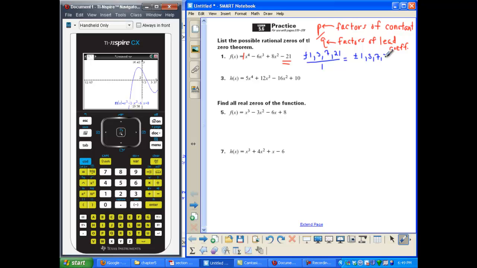Now, what that means is if this polynomial graph crosses the x-axis at any rational locations, that is nice, pretty fractions, decimals, or integer places, they must be part of this list.